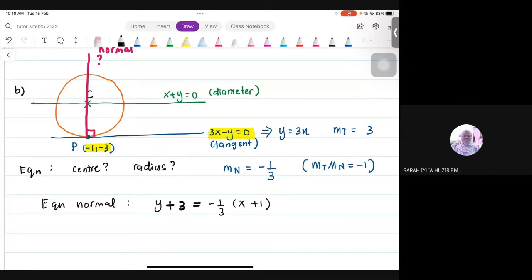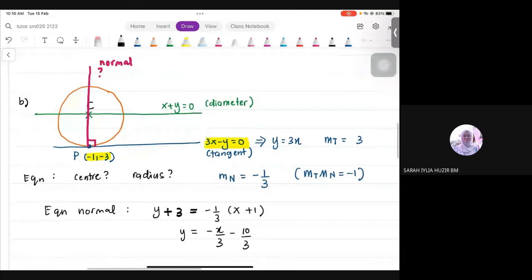So x plus 1. So simplify this up, kita dapatlah equation normal is basically y equal to negative x over 3 minus 10 over 3. Settle. Kita dapatlah equation normal. Negative x over 3 minus 10 over 3.